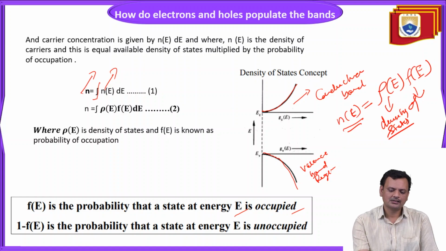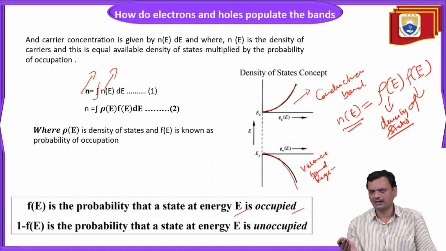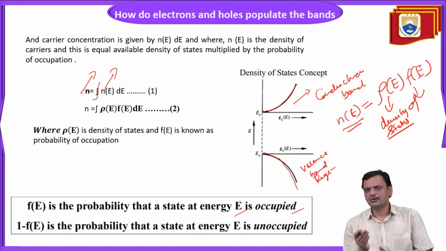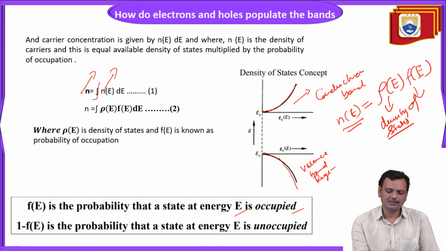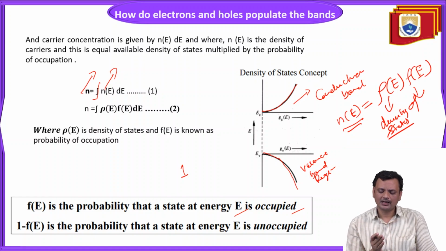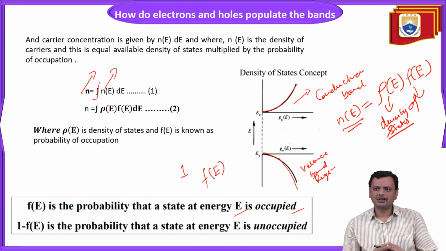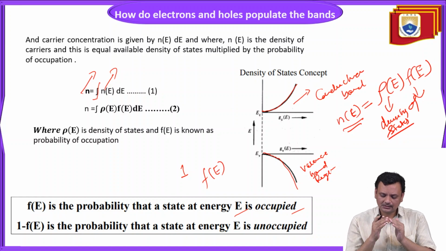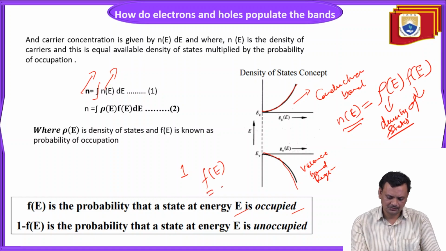So you know that if the event is very, very certain, definitely it will happen. The maximum probability is 1. If you know the probability of an event, and in this case it is F(E), what will be the probability that the event will not happen?